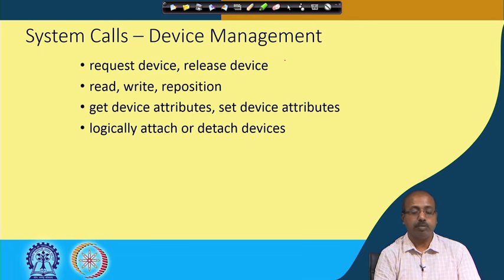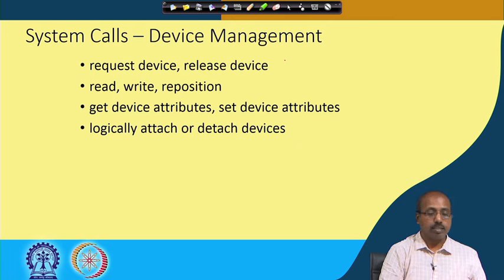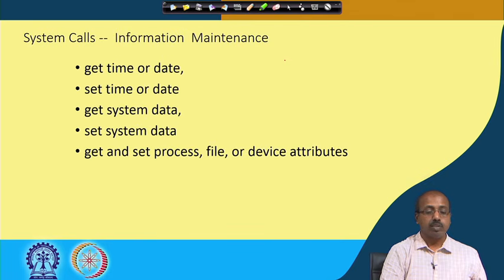Then get device attributes, set device attributes, and logically attach or detach devices. The device is there, but we want to get it attached to the system or to the program, or we do not want that device anymore in my program, so we detach it. These are the services provided under the device management category.